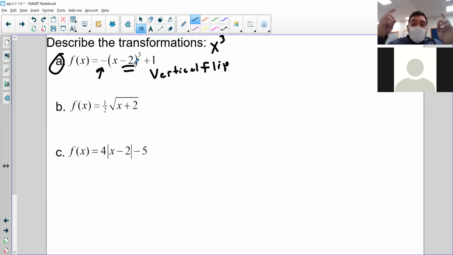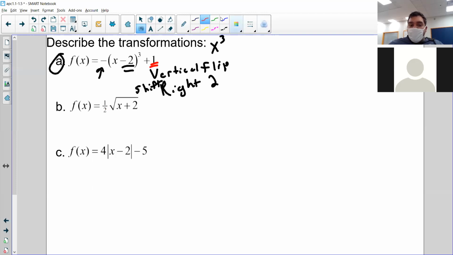Here we have on the inside of the function -2. You kind of have to think of it in vertex form. Remember, it's negative h, so it's the reverse of what you're expecting. So since you're going -2, you're actually going right 2. So this is shifted right 2.